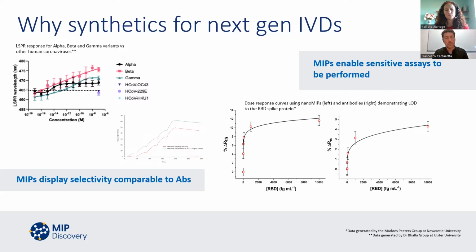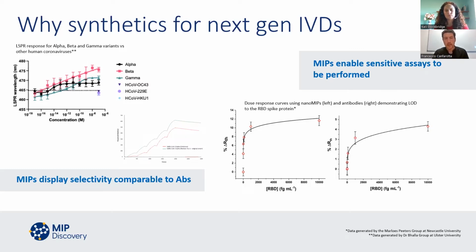And you can see how the nanoMIPs are able to bind the 3 variants, alpha, beta, and gamma, over other coronaviruses. In the other SPR trace graph underneath, you can see that the produced nanoMIPs are also able to bind the Omicron variant, as well as, of course, the original strain.